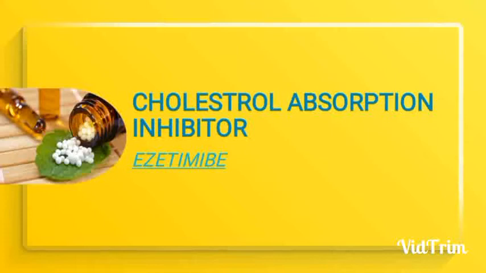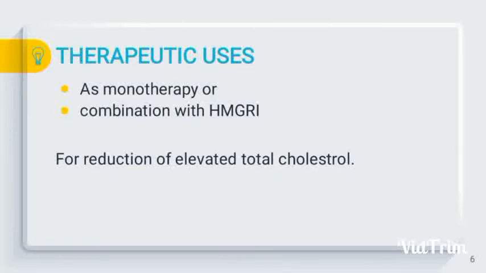Ezetimibe is a drug used to treat high blood cholesterol and certain lipid abnormalities. The therapeutic use of ezetimibe is as a monotherapy or in combination with an HMG-CoA reductase inhibitor for the reduction of elevated total cholesterol.